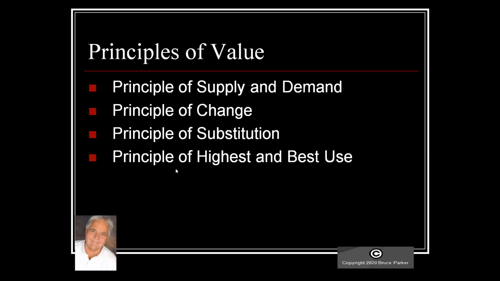As a single family house, it's only worth $289,000. But I use it as an office. And as an office, it's worth $389,000. The building is exactly the same, but I have found a better use. I have found a higher use. So the principle of highest and best use says that when you have found the best use, you will have the highest value.